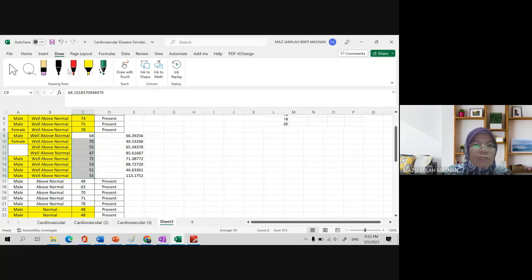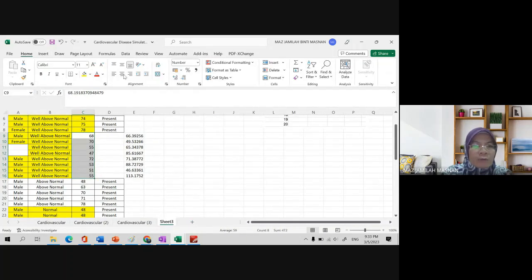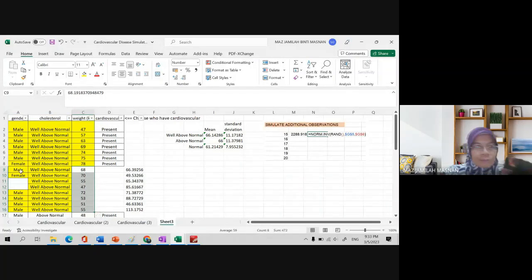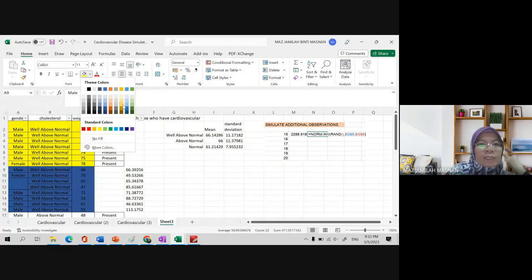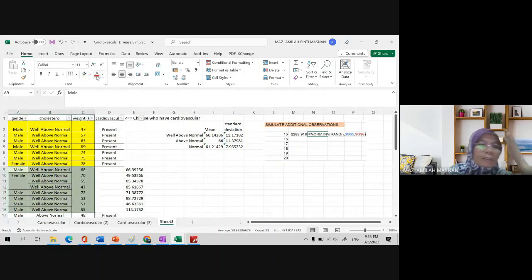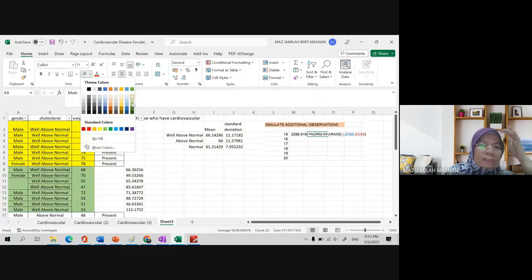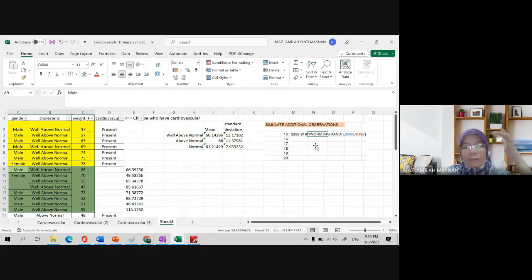So everything will be according to the original data value. Okay, class, this is the generated data using the simulation, the random inverse function. Do you have any questions so far?